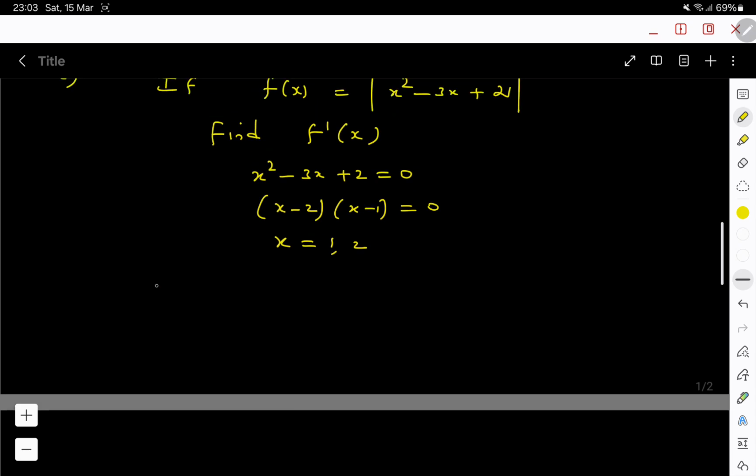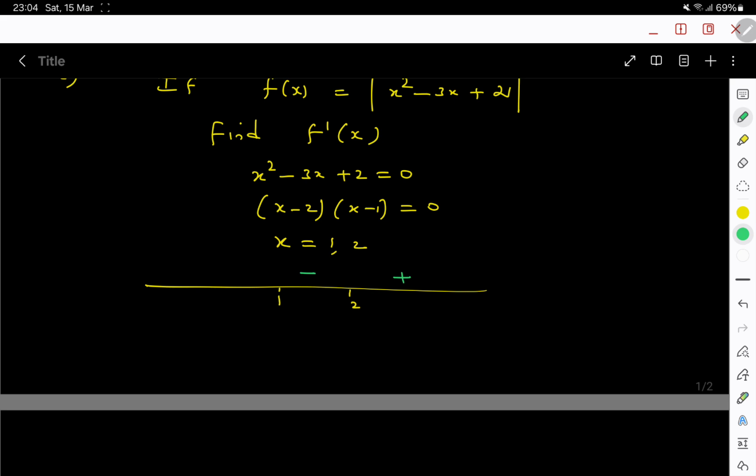So now take the number line. So x value 1 here, x value 2, okay. So for x greater than 2, we get a plus value. In between 1 and 2, x square minus 3x plus 2 is negative.